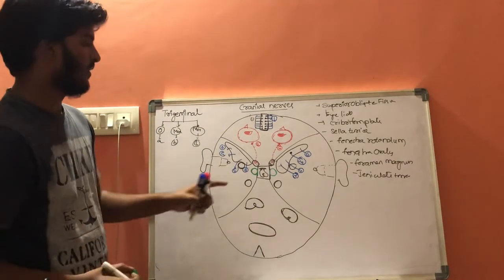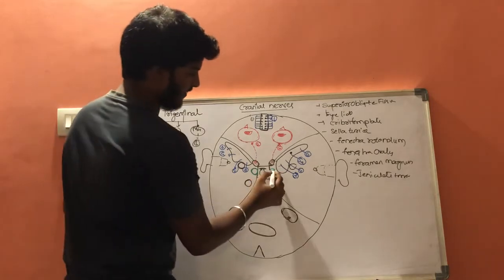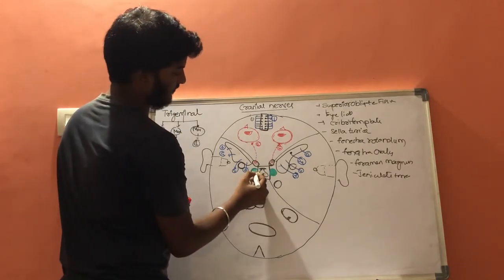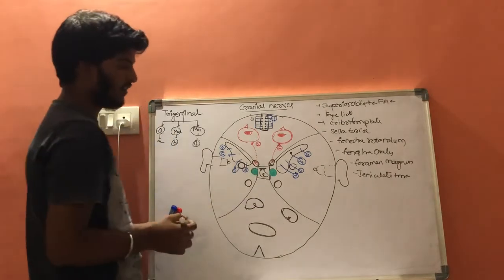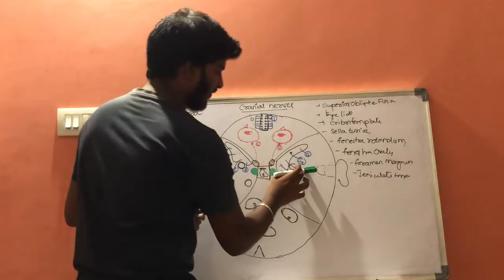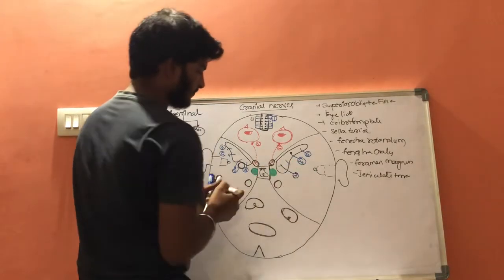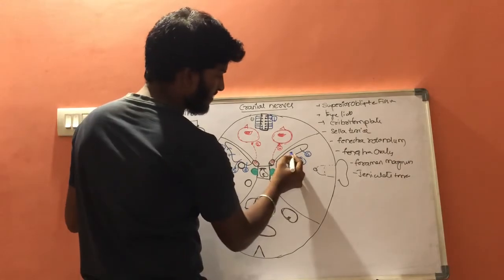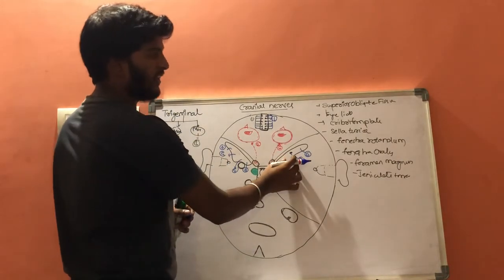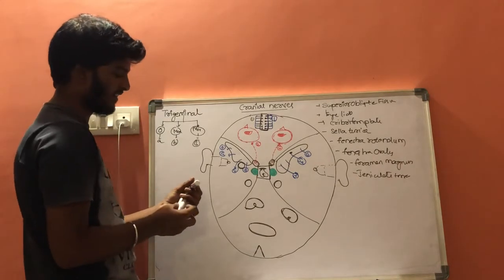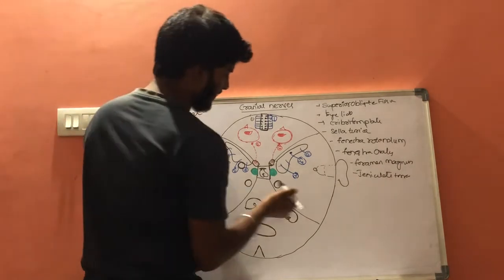Now how will this 5A come from here? There is a special ganglion called the trigeminal ganglion. These are called trigeminal ganglions. These trigeminal ganglions will give the 5A type to this superior orbital fissure, and there is one more type, that is the 5B type.